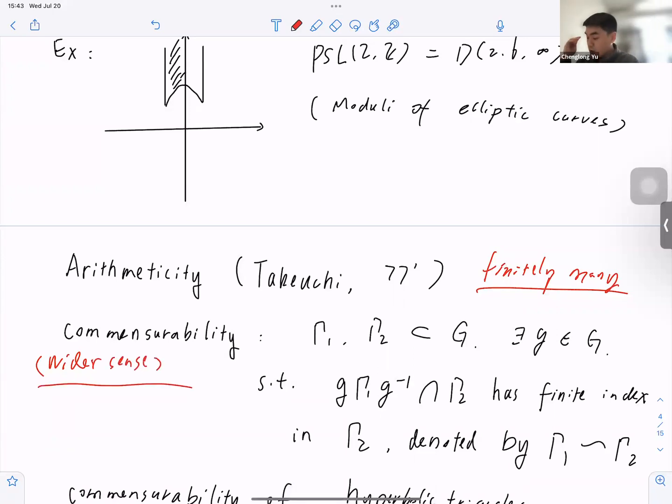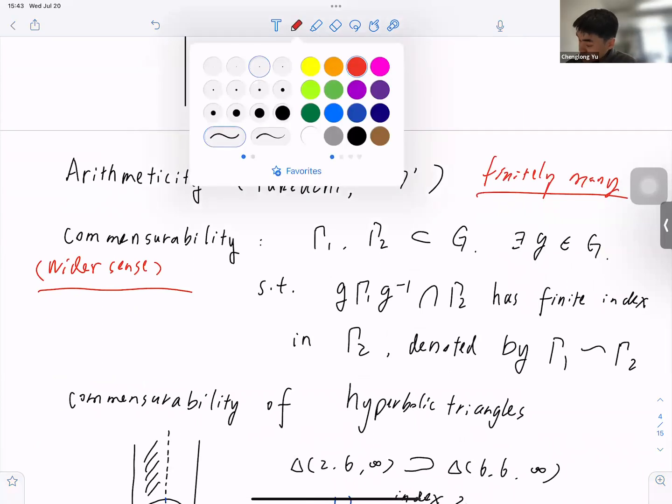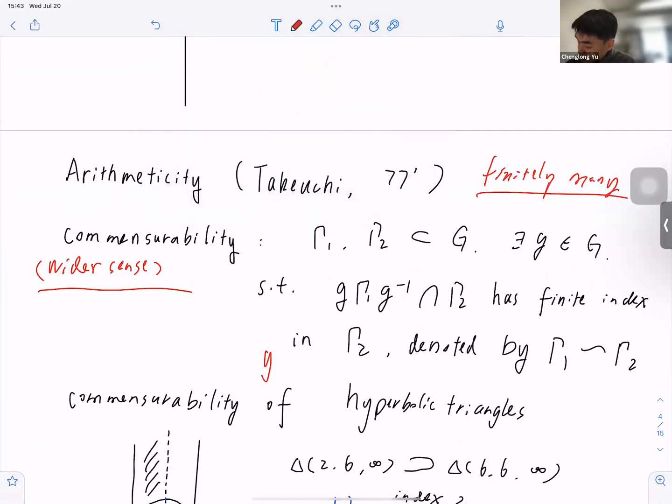So we allow conjugation. If there is an element g inside this ambient group such that g gamma 1 g inverse intersected with gamma 2 has finite index in both g gamma 1 g inverse and gamma 2.